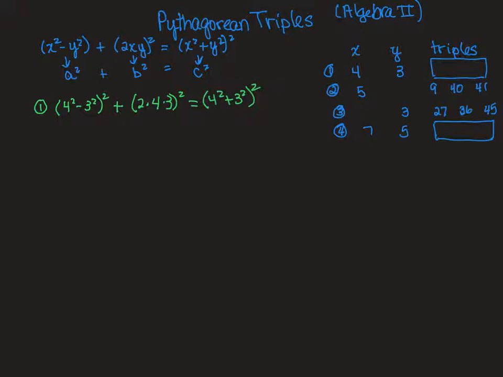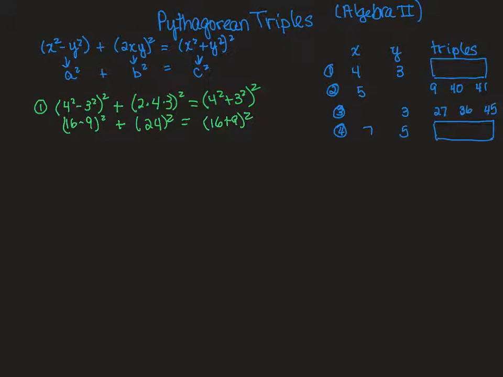If I start solving it, I can say 16 minus 9, squared, plus 2 times 4 is 8 times 3 is 24, squared, equals 16 plus 9, squared.